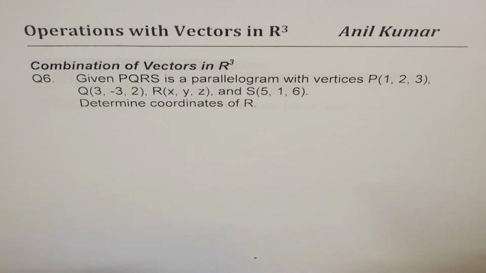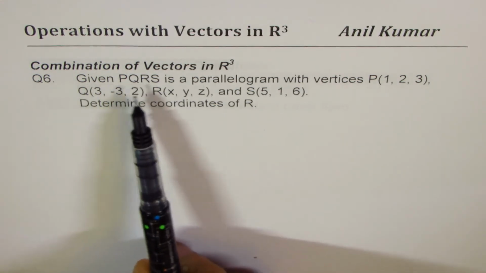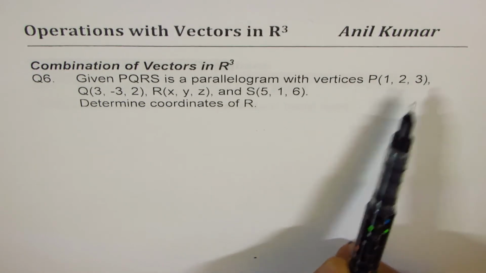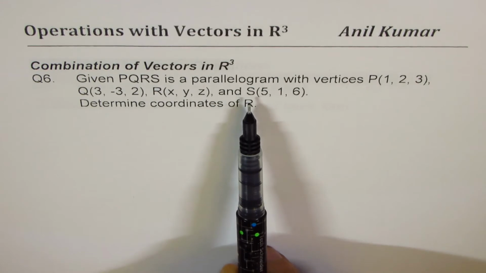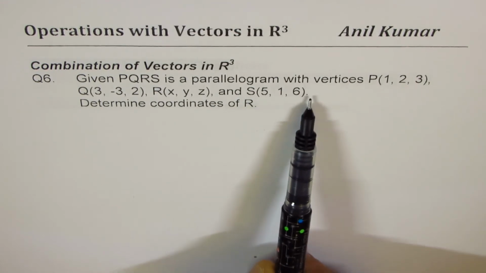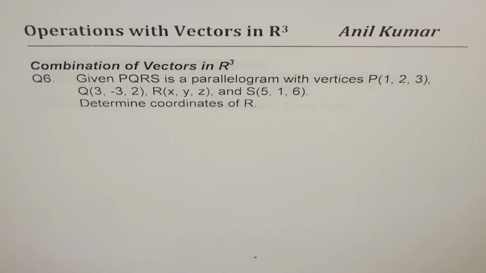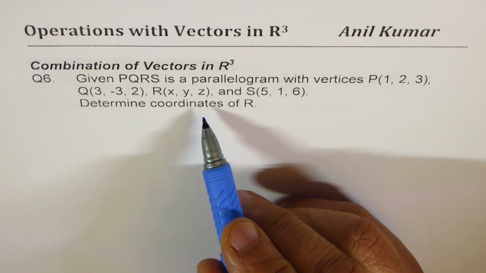Question number 6 is based on combination of vectors. It is given PQRS is a parallelogram with vertices P 1, 2, 3, Q 3, minus 3, 2, R X, Y, Z, and S equals 5, 1, 6. Determine the coordinates of R. Now in such questions, you need not plot them since they are not saying to plot.